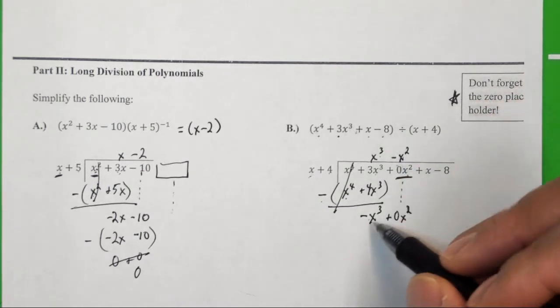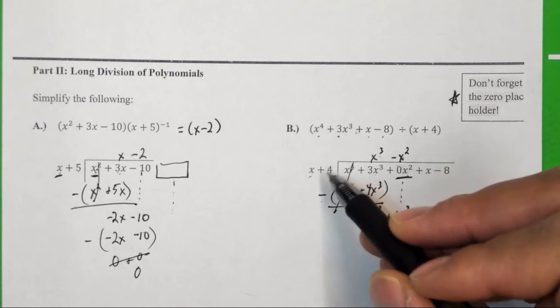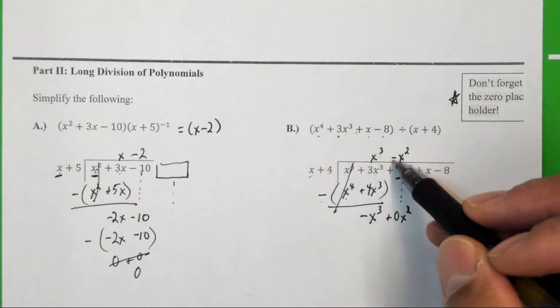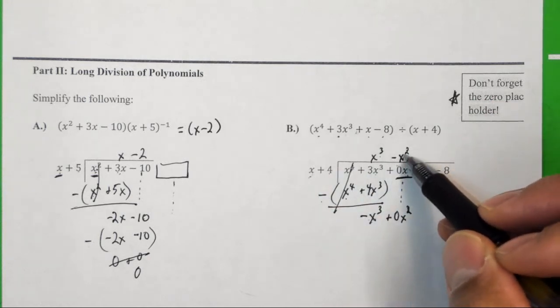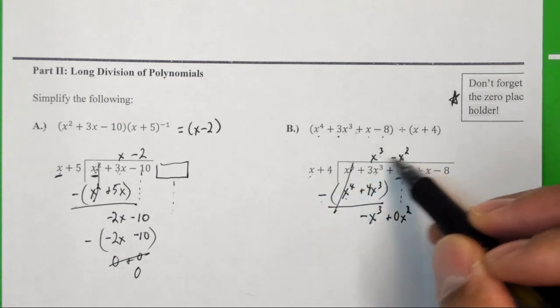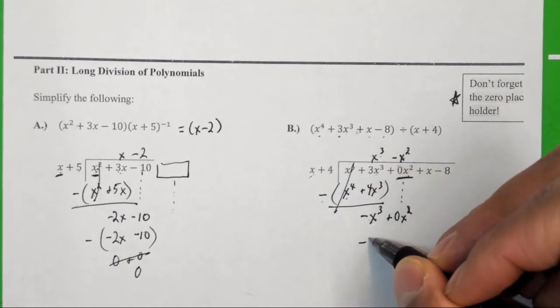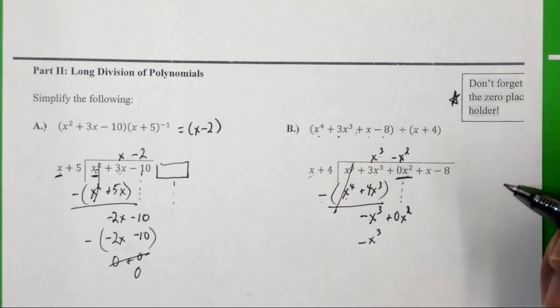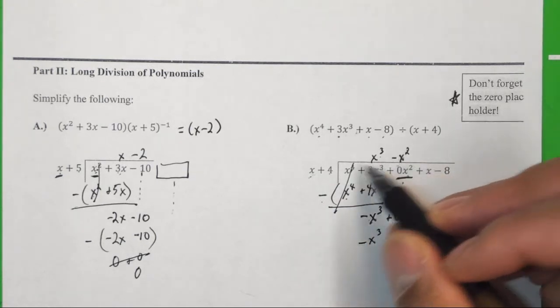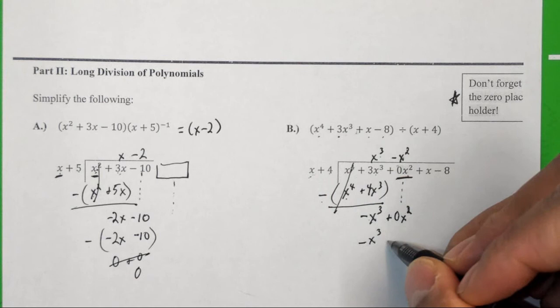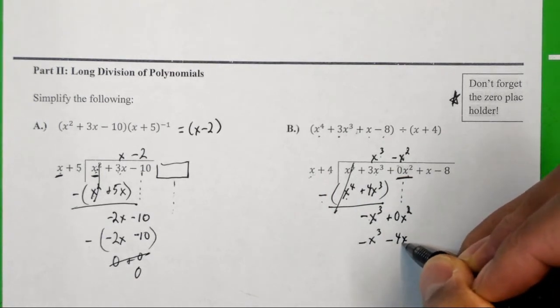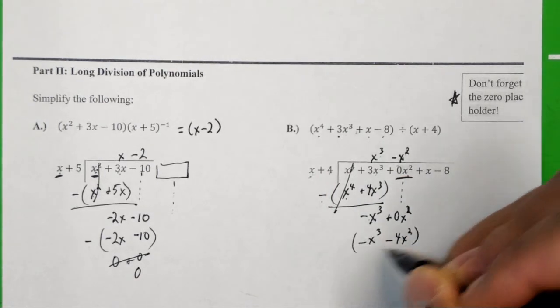Again, if you need to, work backwards. Negative x cubed divided by x is negative x squared. Check yourself by multiplying. Negative x squared times x is negative x cubed. They match. Negative x squared times 4 is negative 4x squared. And subtract.